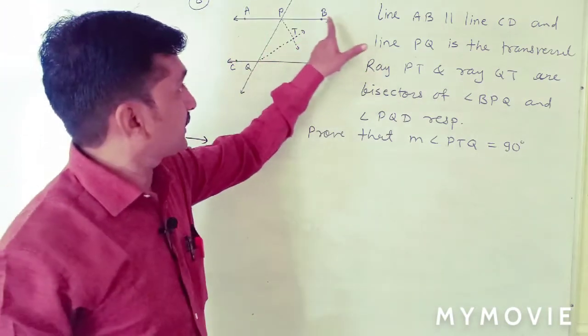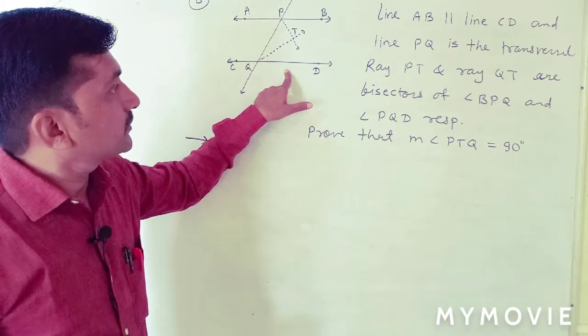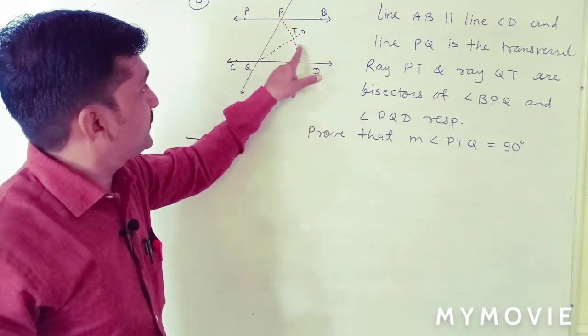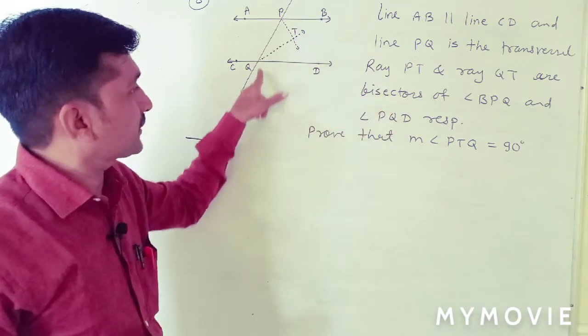In this example, line AB is parallel to line CD. PQ is transversal. Ray PT and ray QT are bisectors of these two angles.